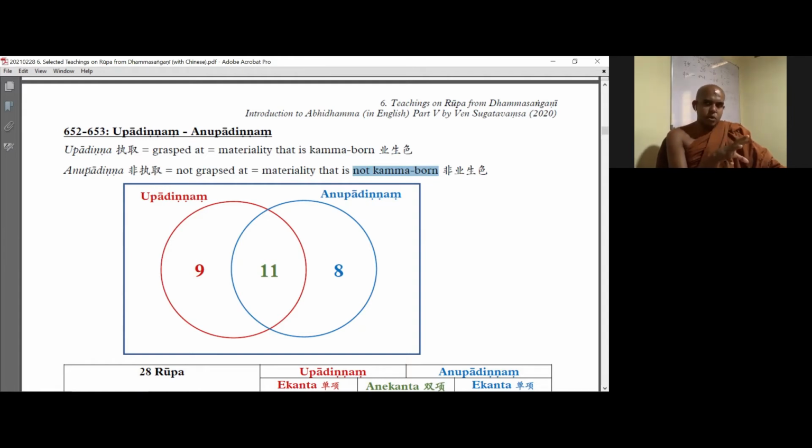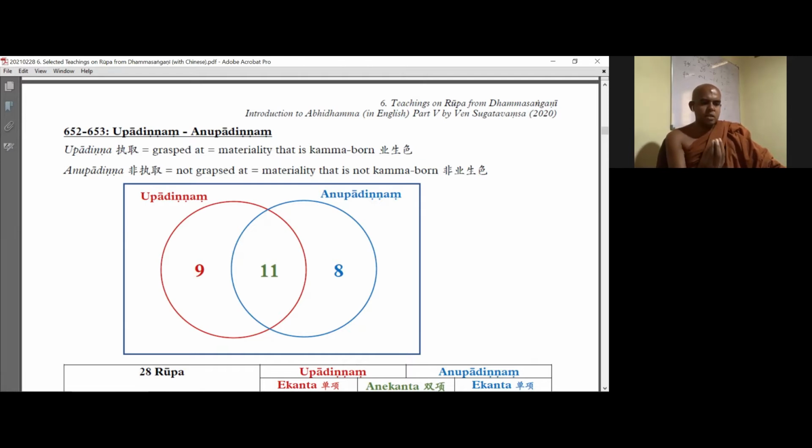When we divide according to that group, some rupa are definitely only Kamma born kalapa. Some rupa are definitely not Kamma born kalapa, but some rupa sometimes join with the Kamma born kalapa, sometimes not join with the Anupadinna kalapa, like the middle, no? We call it anekanta, not sure.